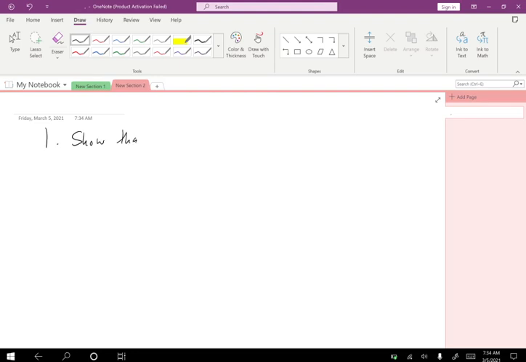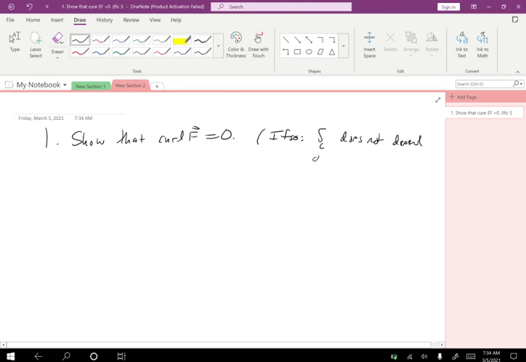show that the curl of f equals 0. If so, then the integral does not depend on C. And this allows you to choose the best possible C. So in particular, a circle.